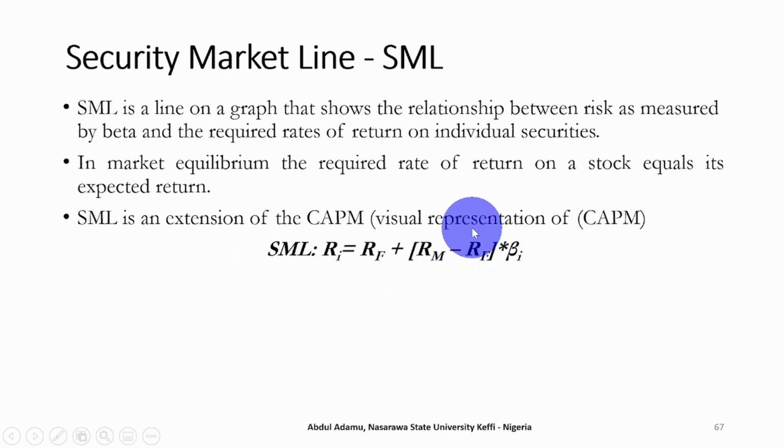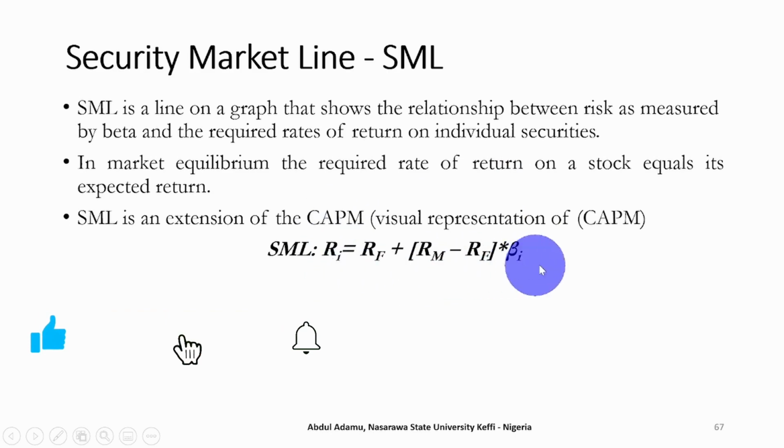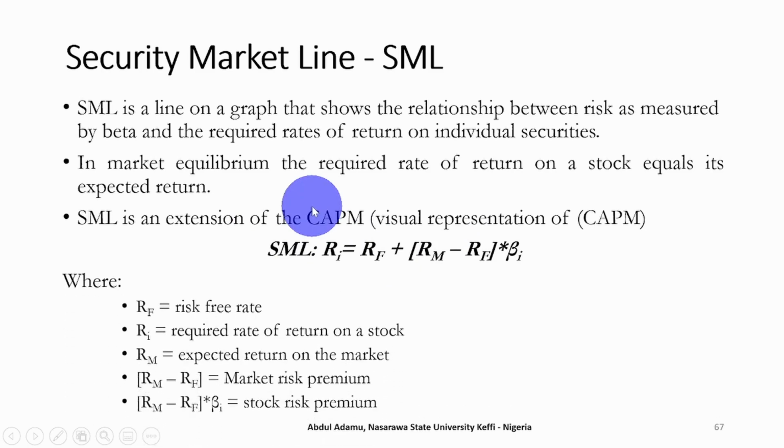If you can recall, this is our CAPM model. The required return on an asset is equal to the risk-free rate plus the market risk premium multiplied by the asset beta. This representation is a linear equation. That is, when we plot the graph for different values of beta and return, we are going to get a straight line, and that straight line is what we refer to as the security market line.